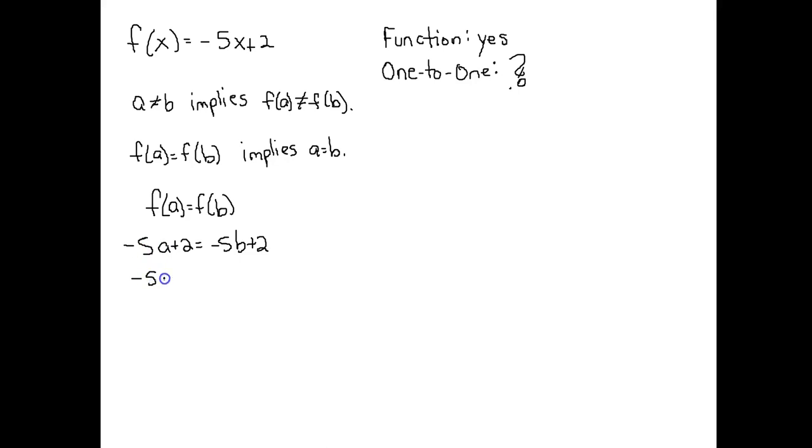So you got negative 5a equals negative 5b, a equals b. So just start out assuming that your y's are equal, and then you plug in a and b, and as you go through, you find out that a and b are equal. So this, by definition, tells us that our function f of x is one-to-one.